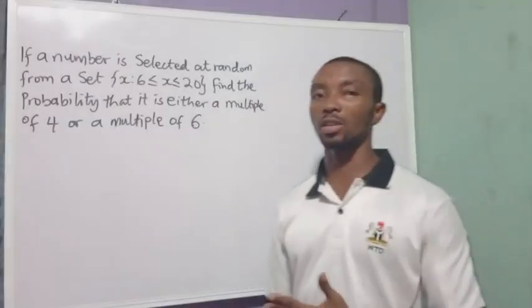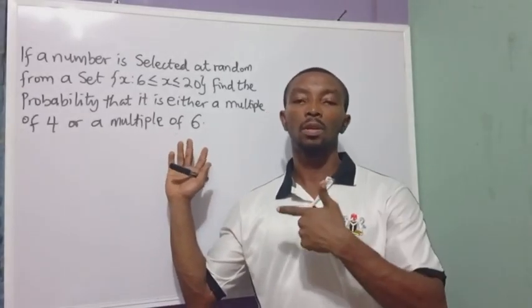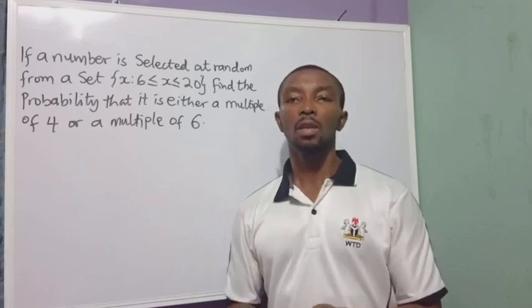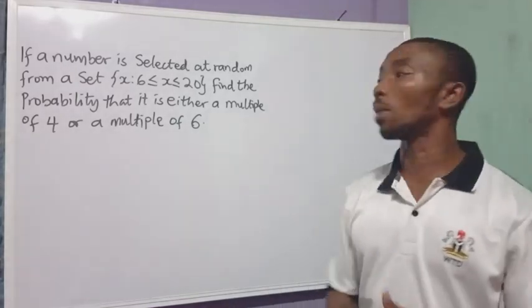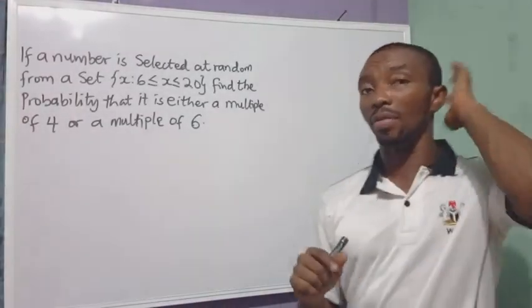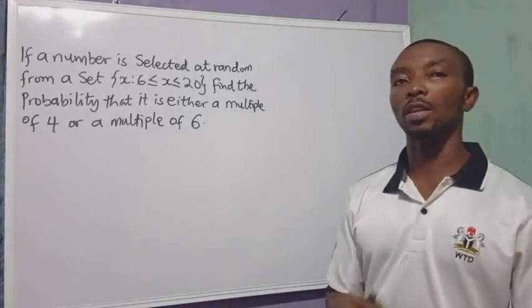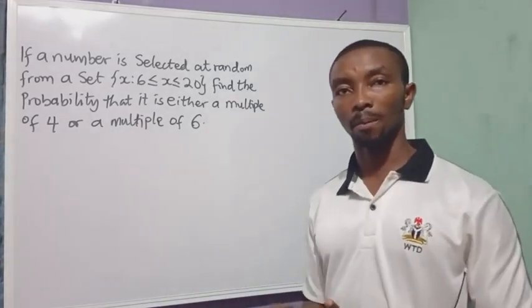Now the question you should ask yourself here is, what type of event is this? Since it is possible to pick a multiple of 4 and 6 at the same time, this is a mutually non-exclusive event.